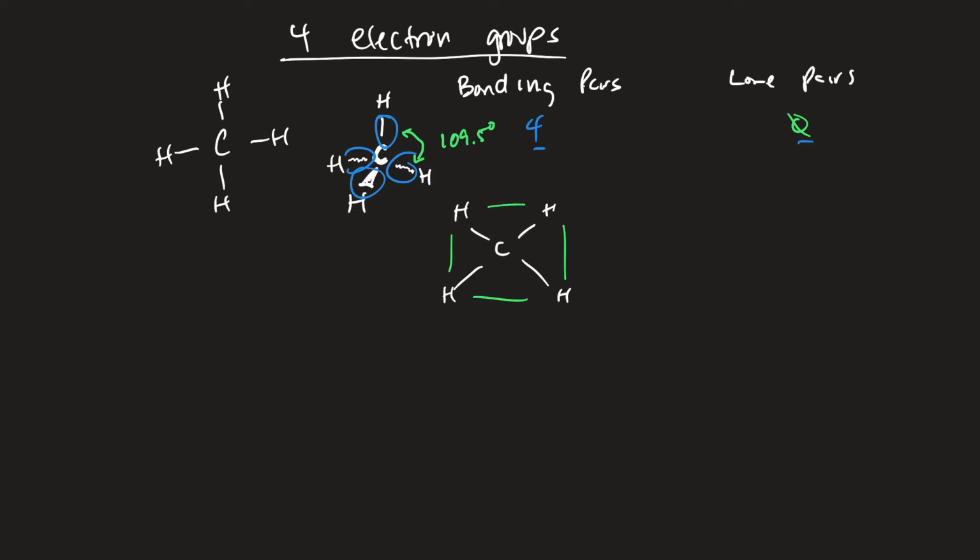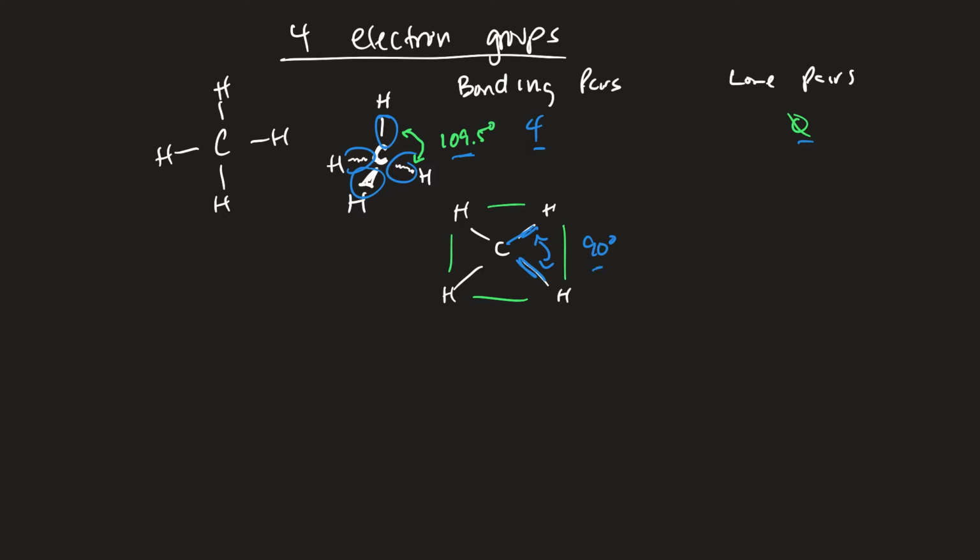But we know the bond angles between one bond and another in a square have to be 90 degrees. Well, 109.5 degrees is a further distance. The bonds are further apart at 109.5 degrees than at 90.